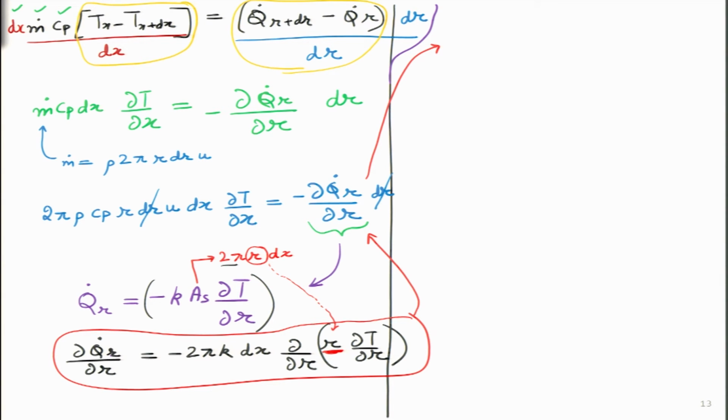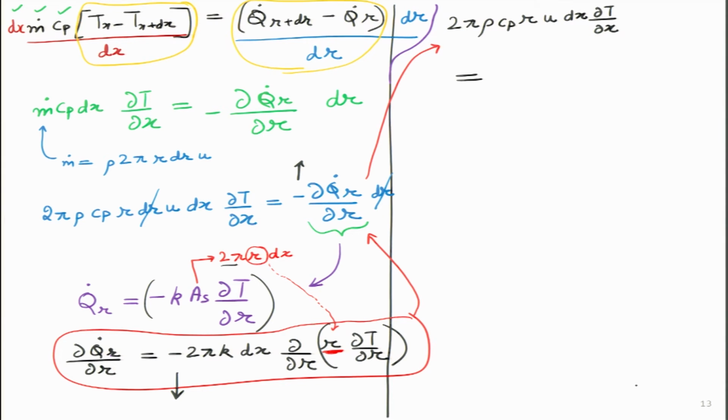Now this whole thing I will write here. Now let me write this thing, and believe me, it will simplify in just 1 minute. So it becomes 2 pi, I am writing the left hand side, 2 pi rho Cp into r into u dx del t del x. What is the right hand side? 2 minuses will cancel out. There is a minus over here and there is a minus over here, both will get cancelled out, right?